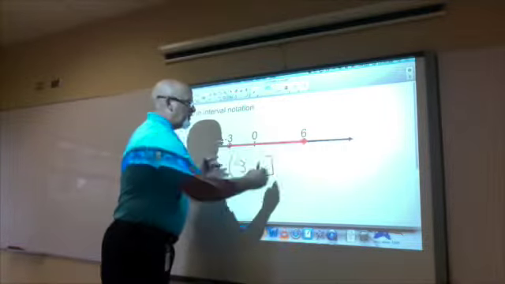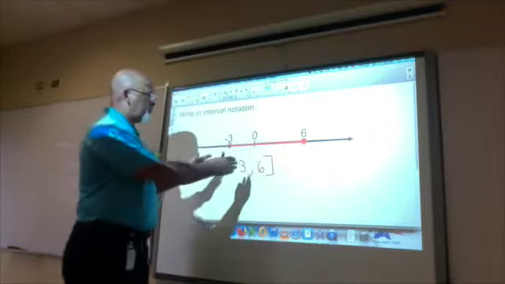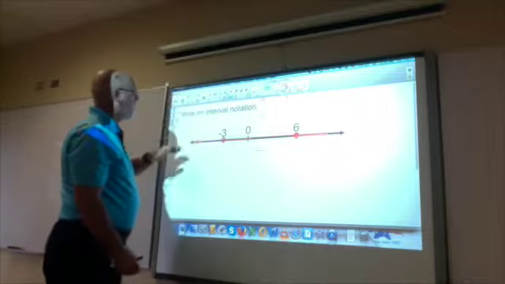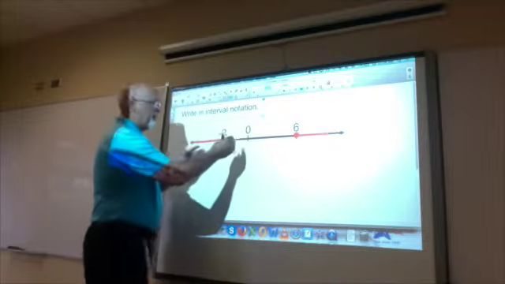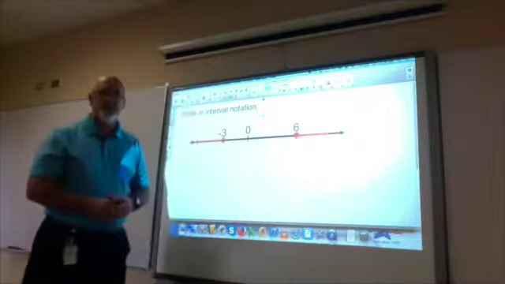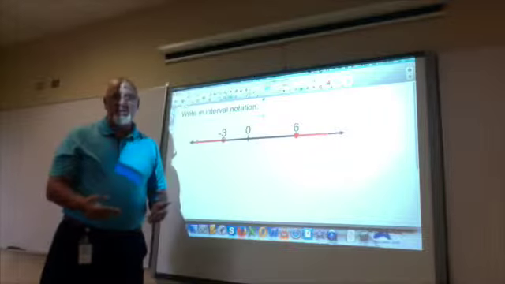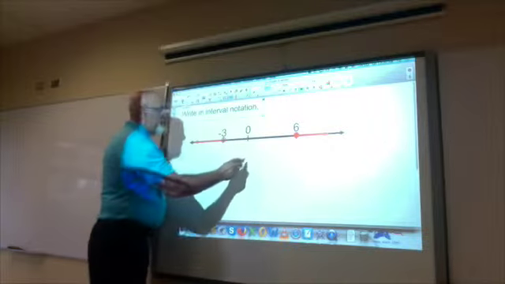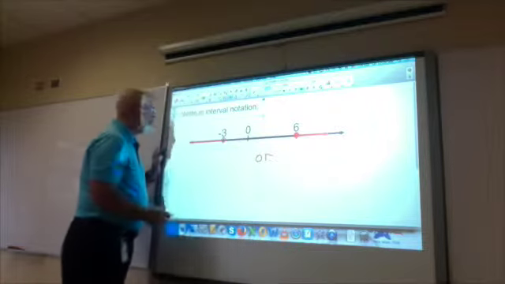This is an overlap. So we're going to have one interval notation here. On this one, we've got two graphs going in opposite directions. So this is a combination. That means that this is going to be an OR statement.